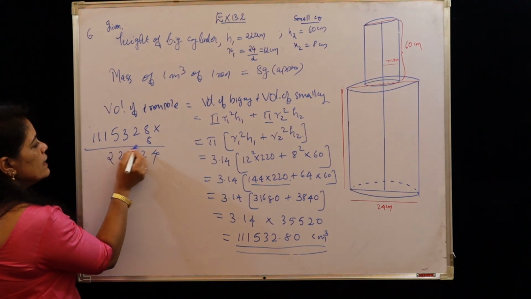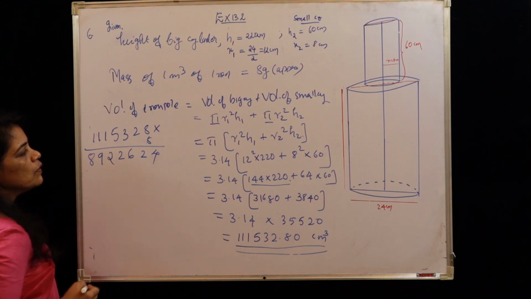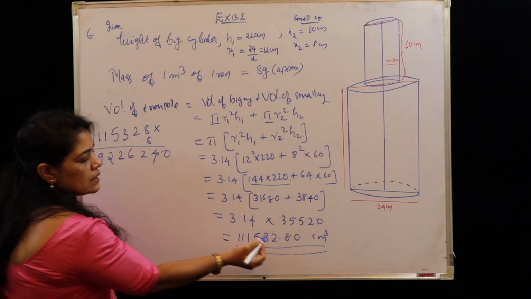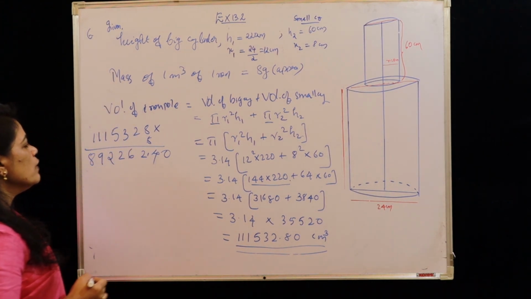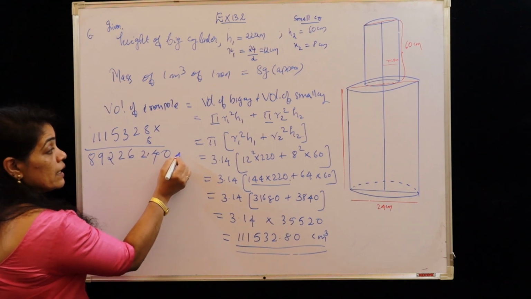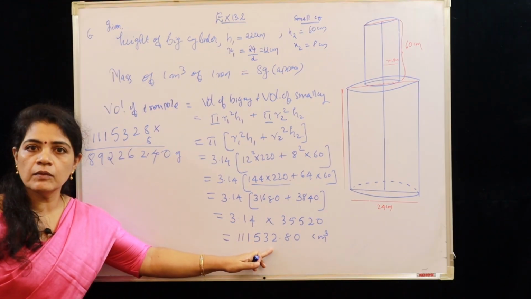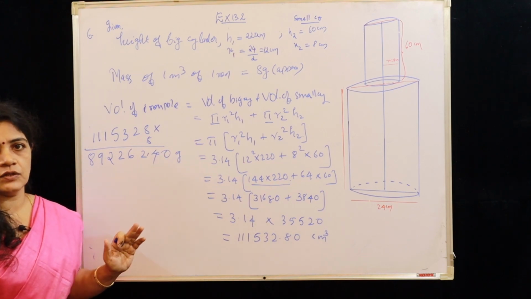Again 8 and 9, so 8 ones are 8, and we have 1 0, this 0 in 2 places. So this is in gram. We have converted this centimeter cube into gram after multiplying with 8.